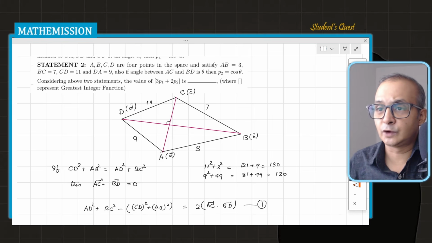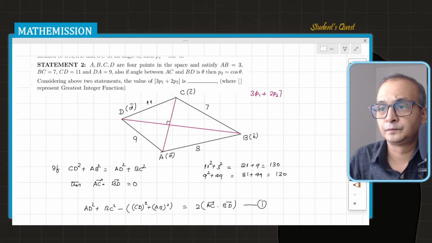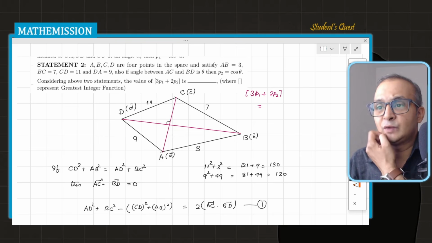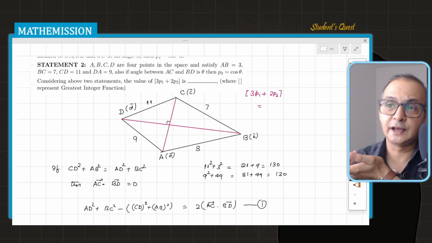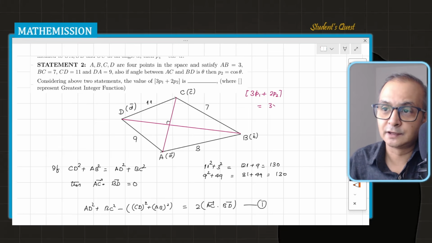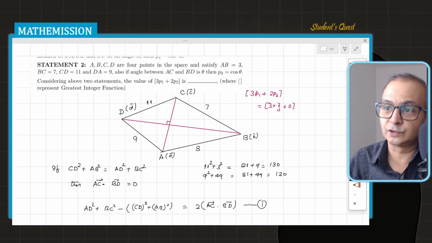Now what we have to find out is the box of 3P1 plus 2P2, and 3P1 is because I have already found P1 is 2 by 3. So this will produce an integer, 3 into 2 by 3 plus 0. So the answer is going to be 2.